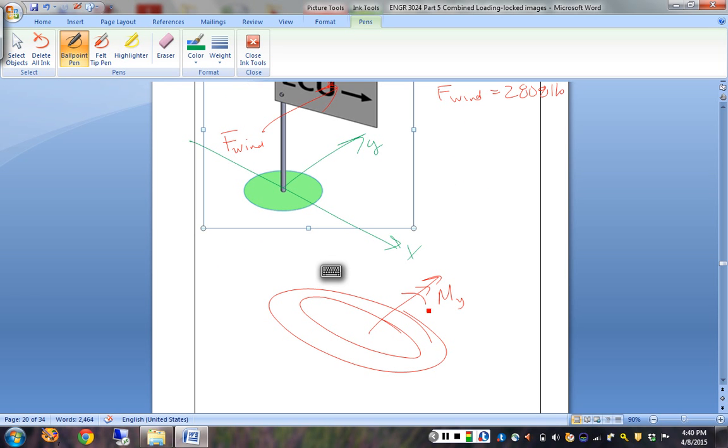And we know that that would go that away. And how big is it? It is the force due to weight times 30 inches, which ends up being 3,000 inch pounds. All right. What else is going on?